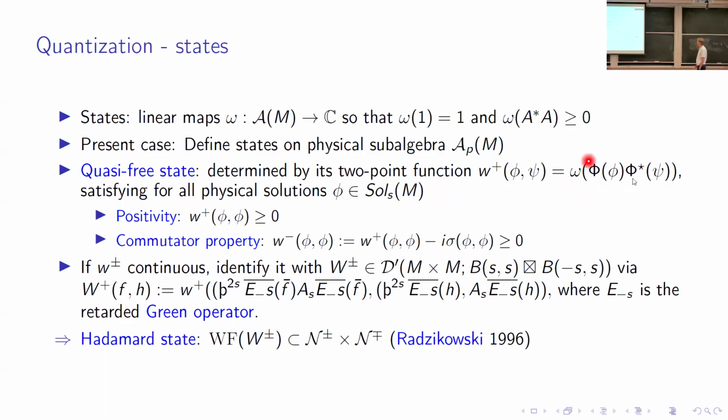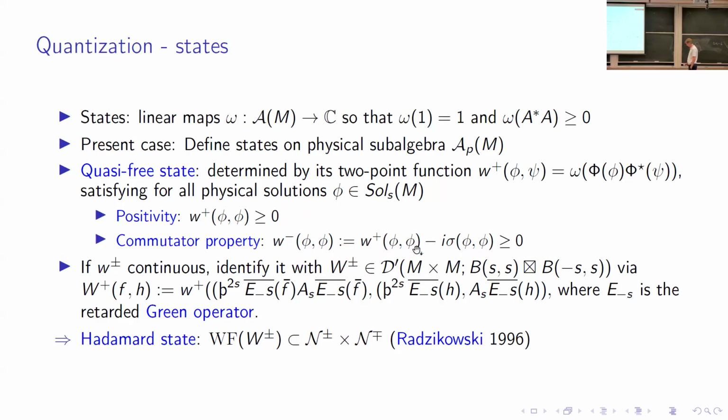Now you see that you just have a sesquilinear form on your fields. Somehow, very soon we can forget about the algebra. So this is just a sesquilinear form on the fields. This has to be positive, and the commutator relations just translate by this.